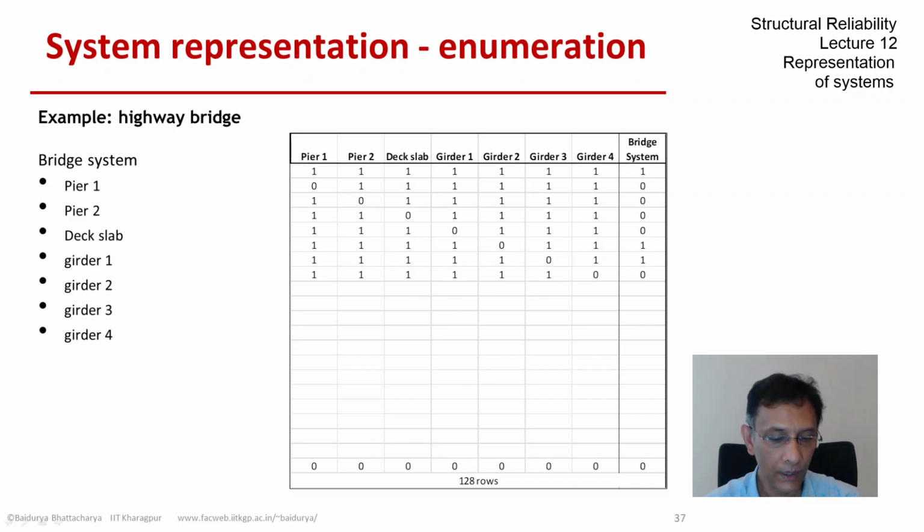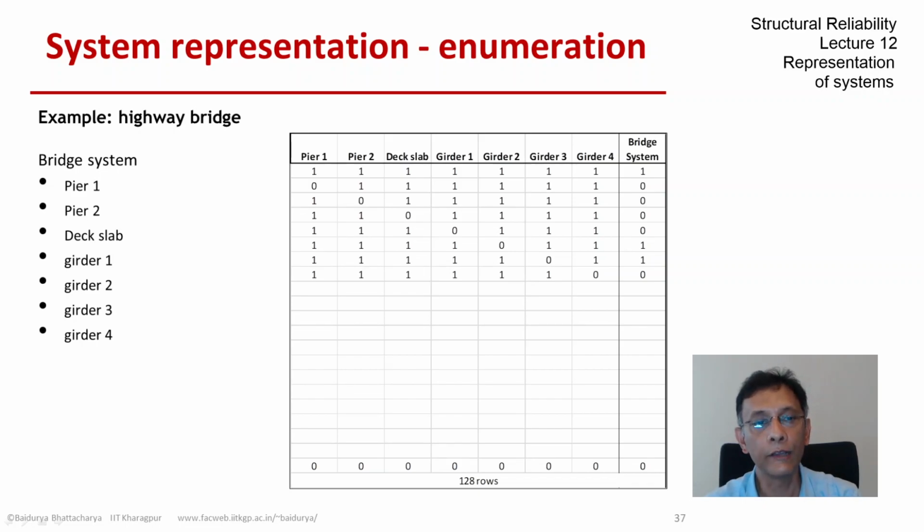That is what we find here. Obviously, it would depend on the bridge's behavior, on its design and construction, but that's one of the things that will come out only from our understanding and analysis of the mechanics of the system. The next row, likewise, we make the same argument that if girder 3 fails, another interior girder, and the others are all functioning, then the bridge will still be okay.